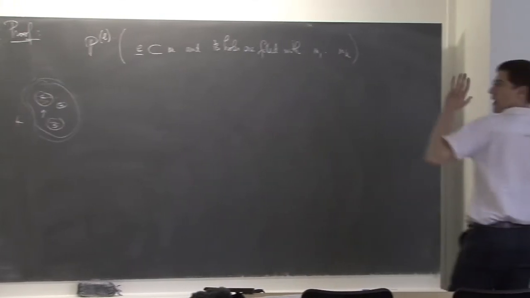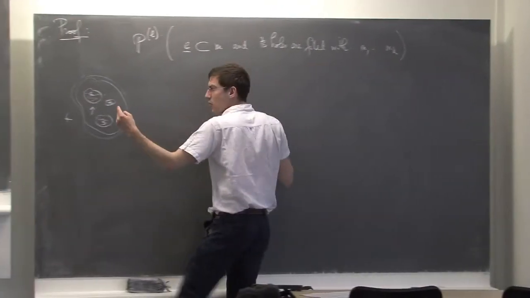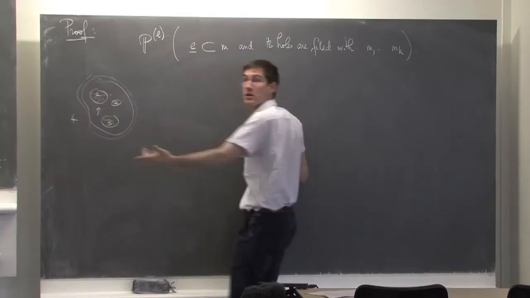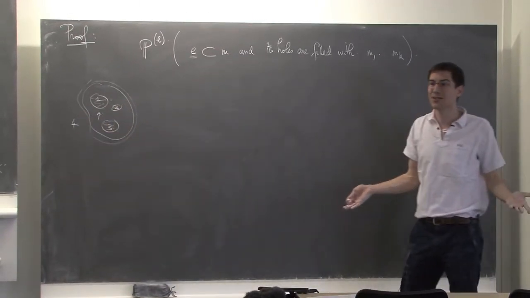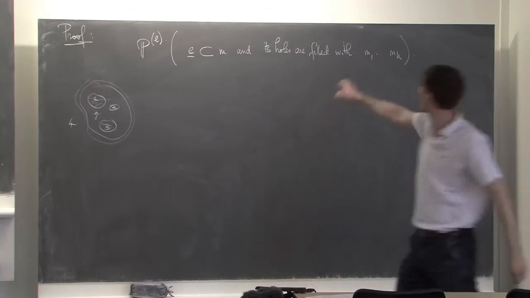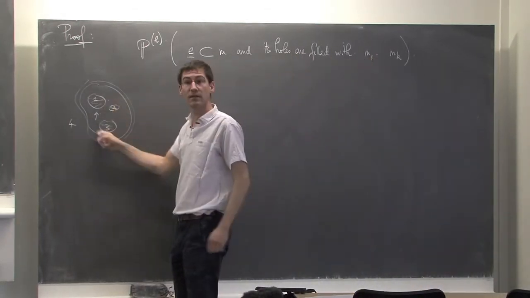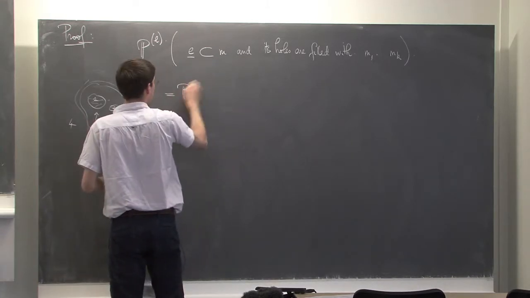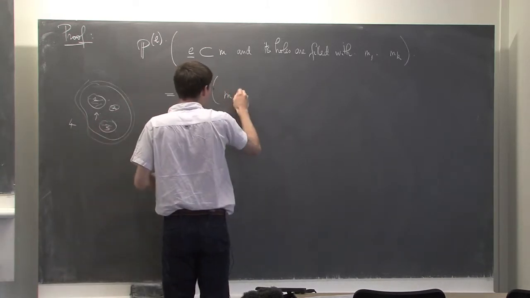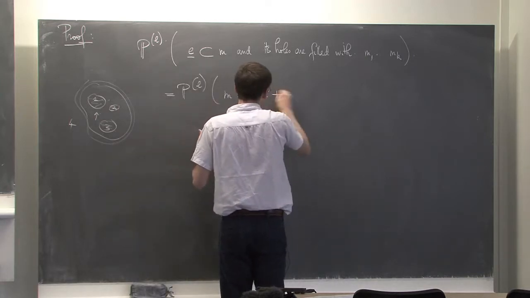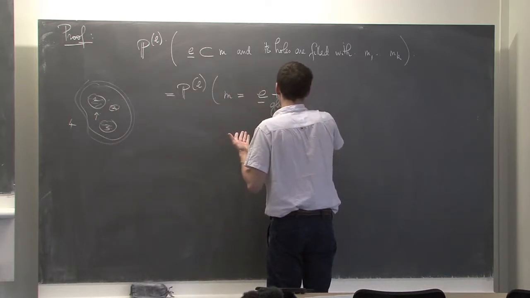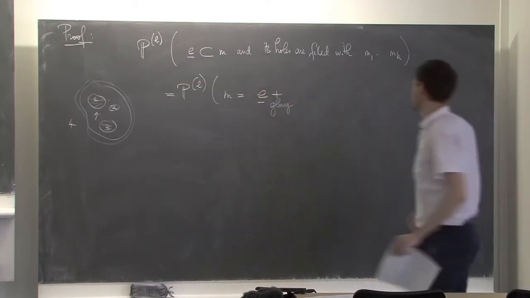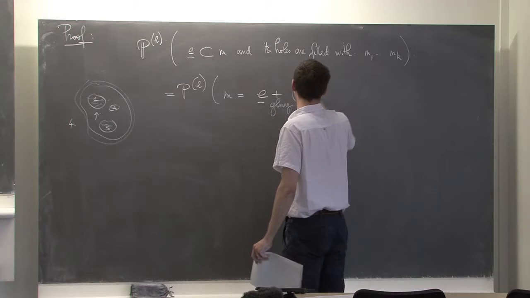Well, if I tell you I see this as a submap, and I know that I have to put M1 here, M2 here, M3 here, M4 here, then you know what M is. You just obtain M by gluing back these maps into these holes. So that's just the probability that M is equal to E plus, in the sense of gluing the maps Mi on its holes.